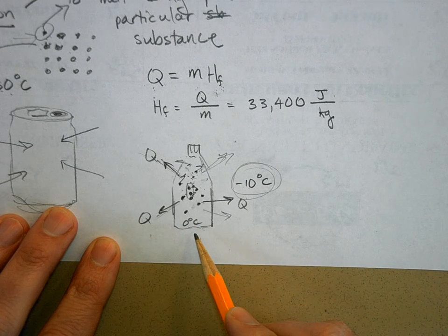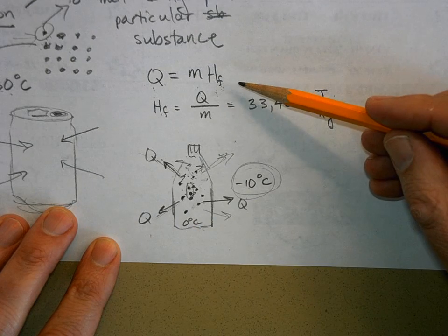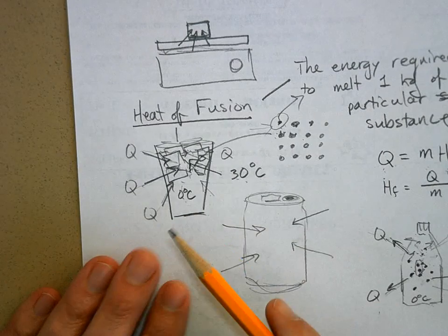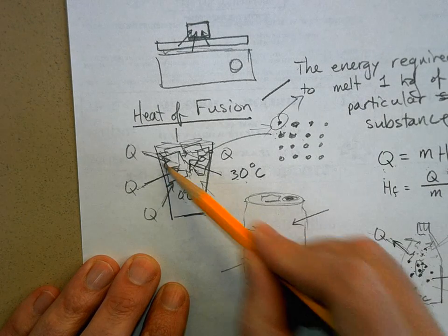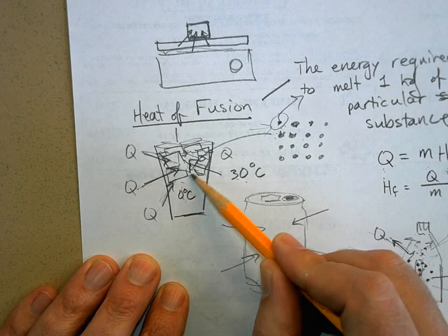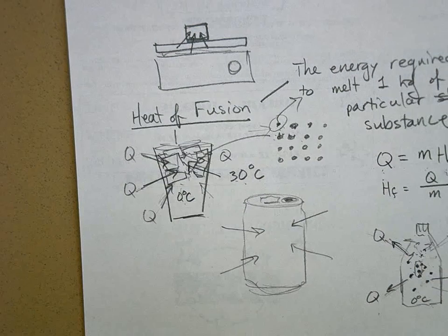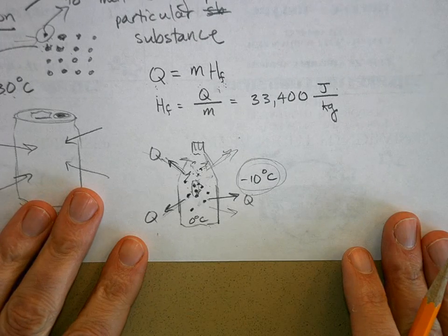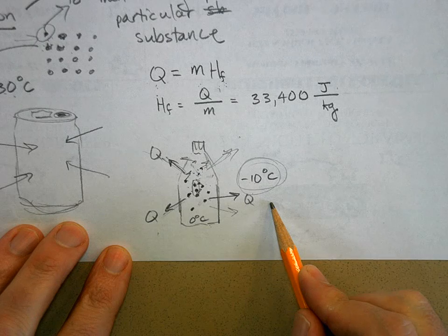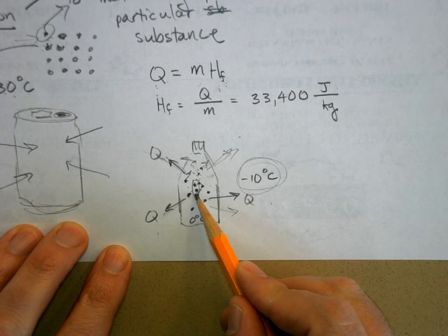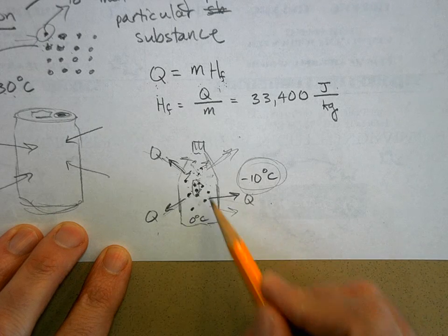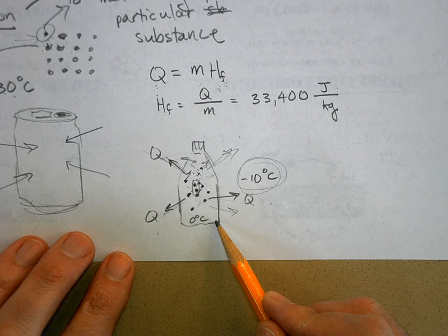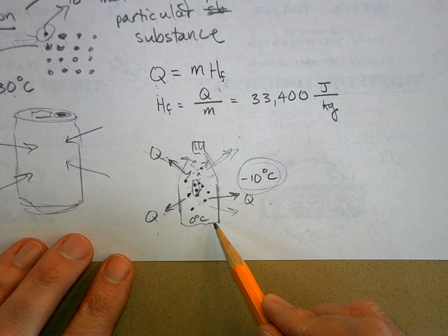So the heat of fusion is the amount of energy. See here, we're melting the ice, and the heat is flowing into the ice and thus breaking apart the molecules, and we're changing state from a solid to a liquid. But we can do just the opposite here. If the outside temperature is less, the heat will flow out, leaving the average motion of the molecules slow enough where they can start reassembling themselves into ice crystals.